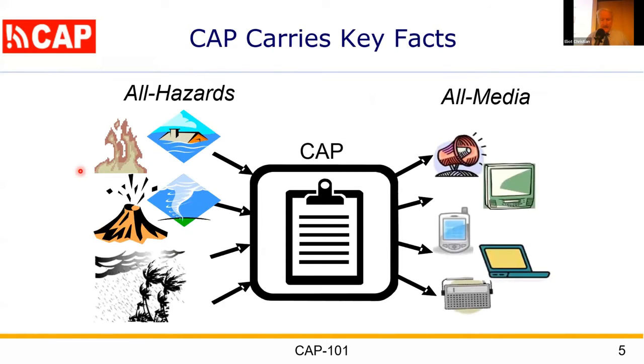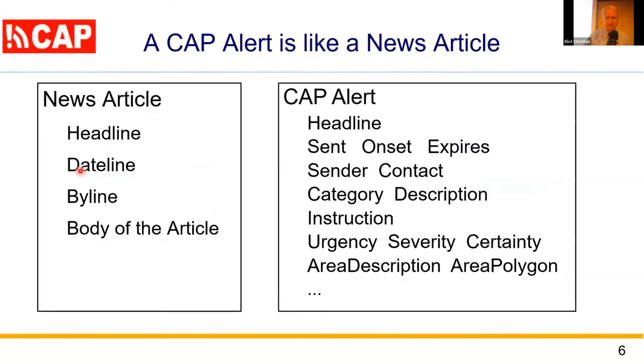So CAP is the international standard for communicating those key facts for all types of hazards across all kinds of media. You can picture CAP as a standard business form in paper on a clipboard. Everyone involved in the emergency should have at least these key facts communicated by a CAP alert.